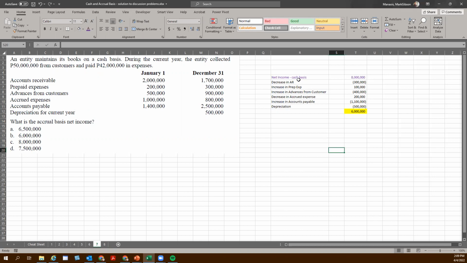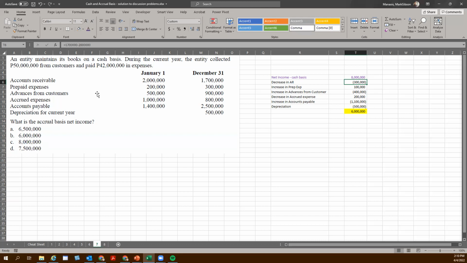Una, we have decrease in AR. So from 2 million, it decreased by 300,000 to 1,700,000. So therefore, we have collected more this year. So of course, in order to reconcile the net income under the cash basis and convert it to accrual basis, that decrease in AR would need to be deducted from your net income cash basis.